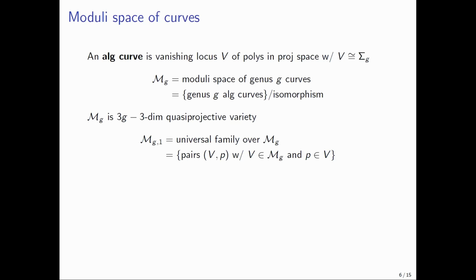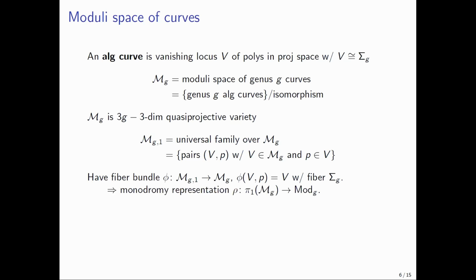It's the space of pairs (B, P), where B is a point in MG, so a genus G algebraic curve, and P is a point in B. So above every point B, we put a copy of B. That's got a projection from MG1 to MG. You just forget the second point P, and that is a fiber bundle with fiber the surface sigma G.